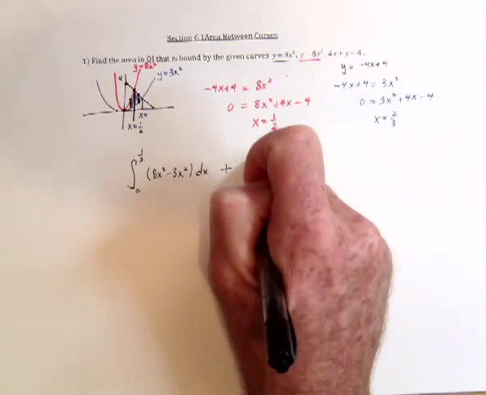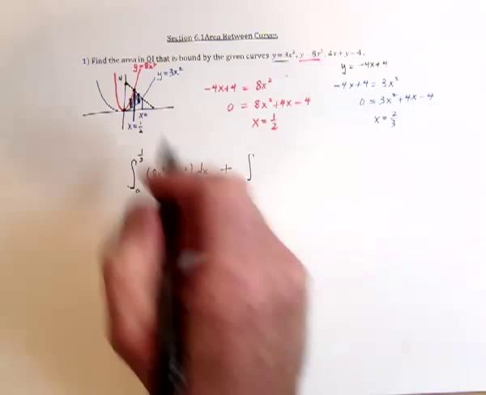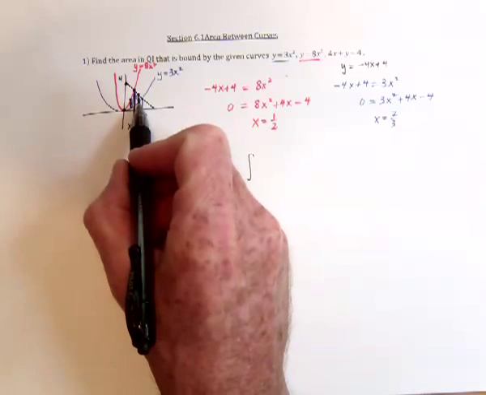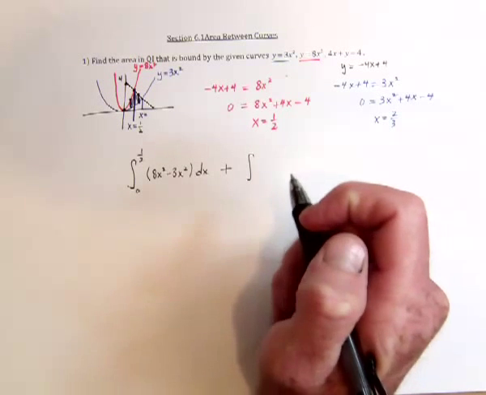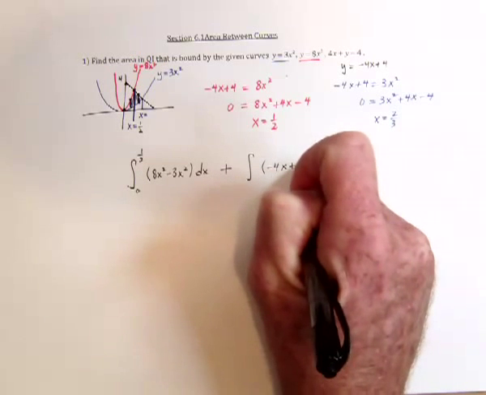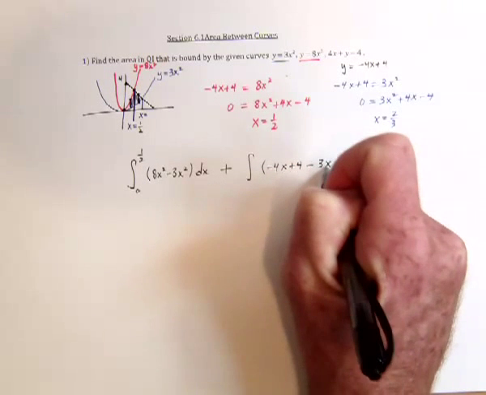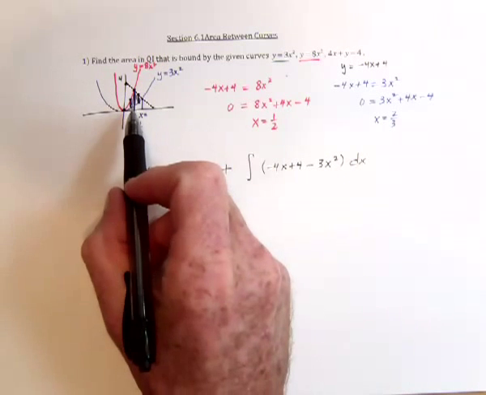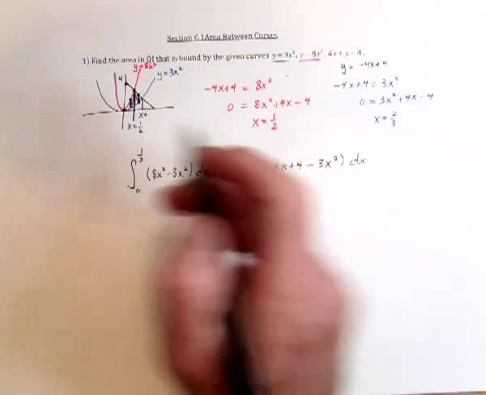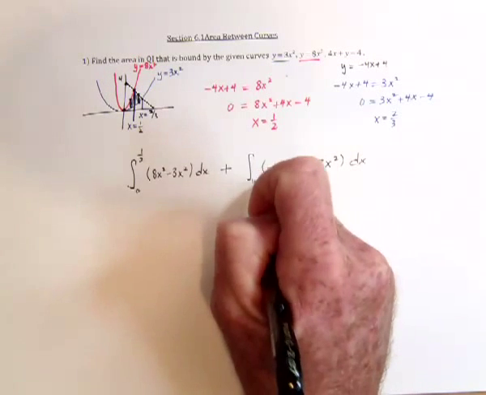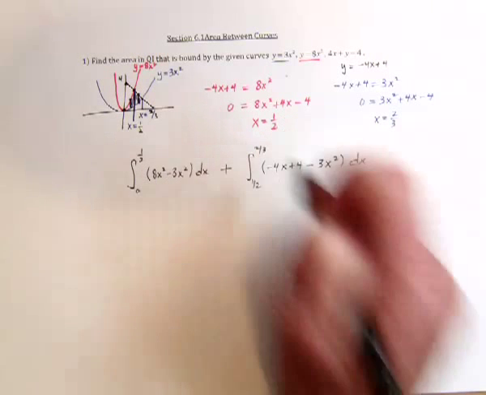And then add to that the next integral, where the line is on top minus the blue parabola, top minus bottom, with x going from the middle, 1/2, over to 2/3. So from 1/2 to 2/3.